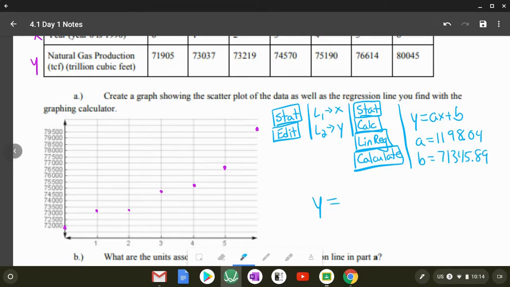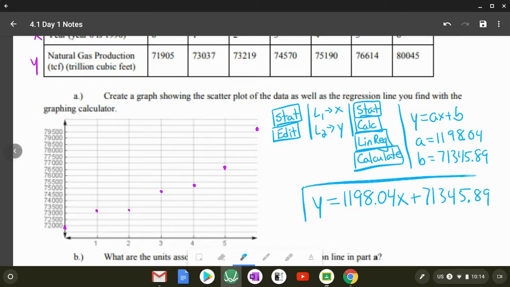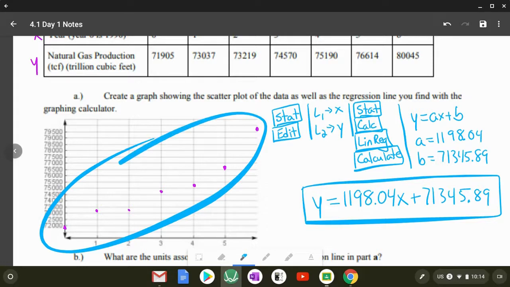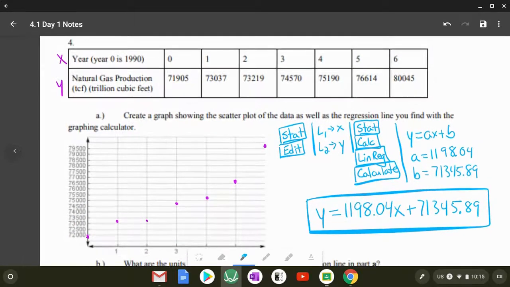So that means that our line of best fit would be this. And this is our linear regression. This linear function best represents this data on our graph, or this table.